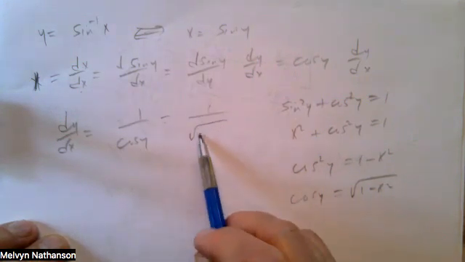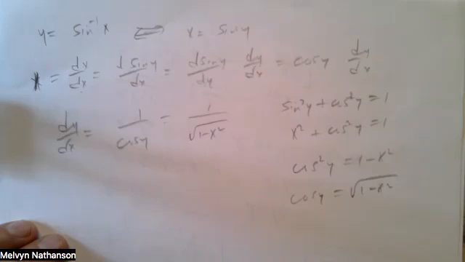So this is 1 over the square root of 1 minus x squared. So that's the derivative of the inverse sine.